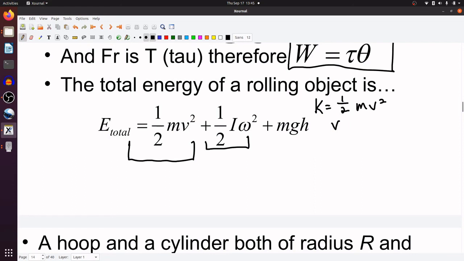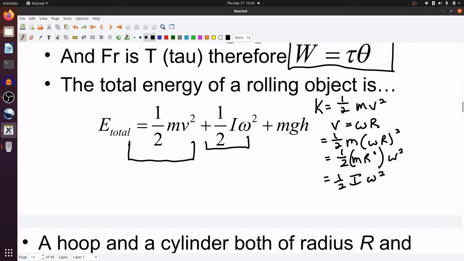We know that velocity is equal to omega r. So 1/2 of m times omega r squared equals 1/2 m r squared omega squared. Remember, mr squared for a point particle is just I, and so we get 1/2 I omega squared is the kinetic energy of a rotating object.